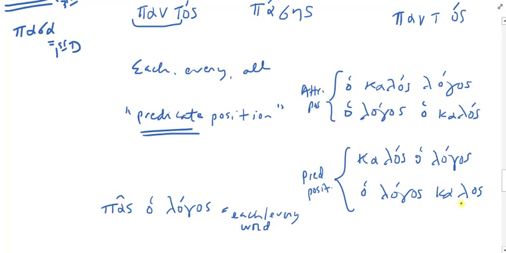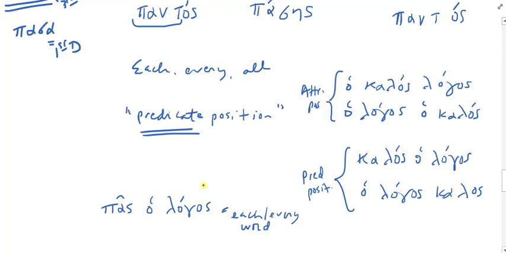Now, pas is going to adopt the predicate position, but we're going to translate it attributively. Okay? So, pas ho logos. You don't want to translate this as a predicate adjective. Otherwise, you would translate this as the word is every, or the word is all. Rather, this is the way you say in Greek, every word.